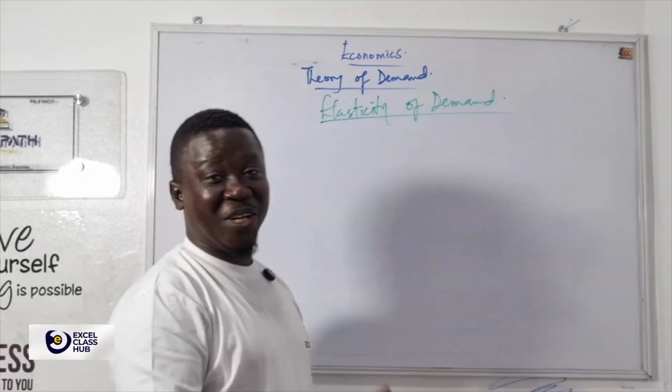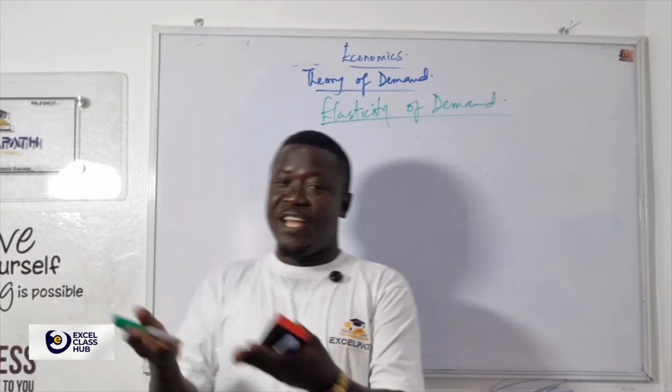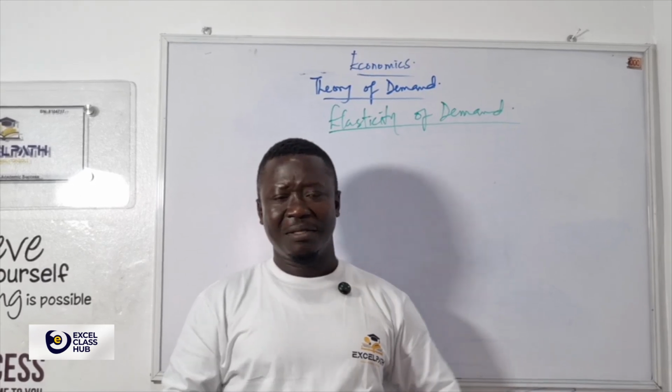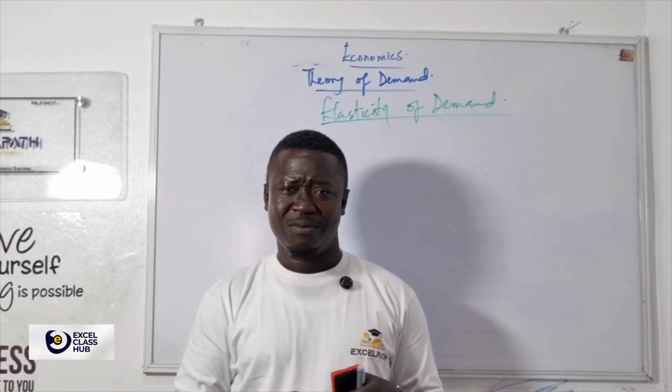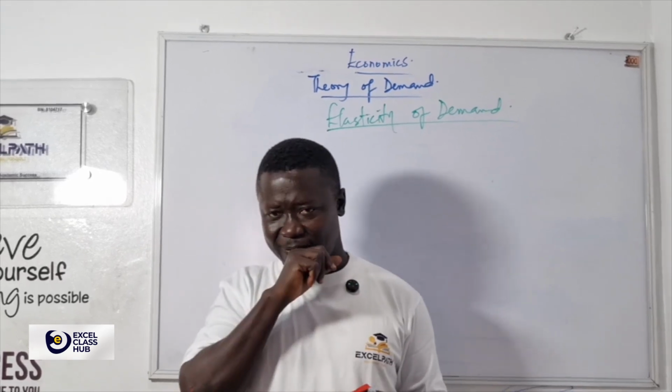Now, elasticity of demand. You all know the definition. It's the degree of responsiveness of change in quantity demanded to change in price. That's not what JAMB will ask you. What JAMB will ask you is this.